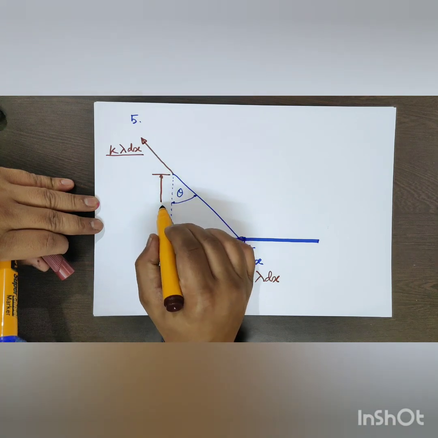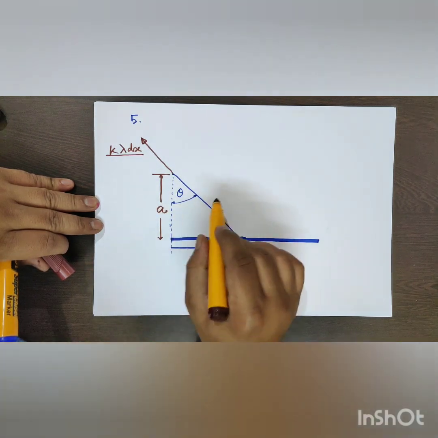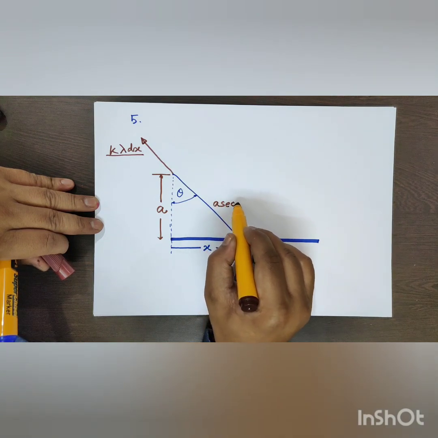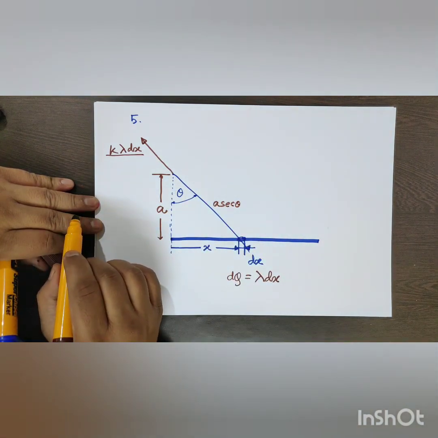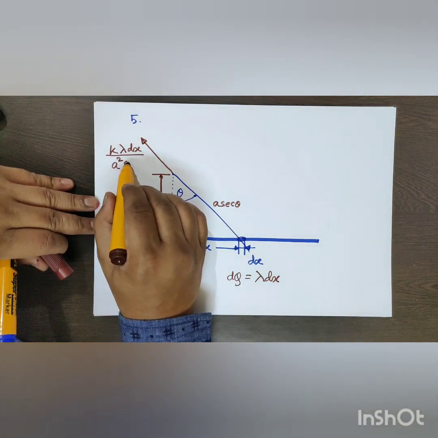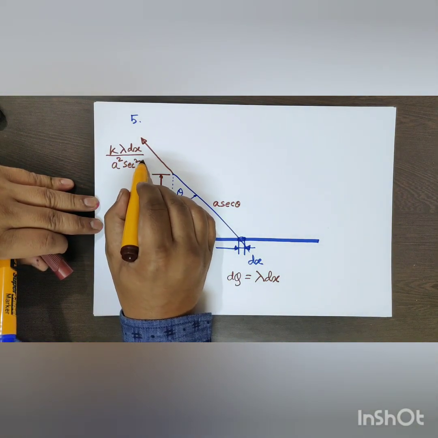So this is a, this is r, a sec theta, so r square is a square sec square theta.